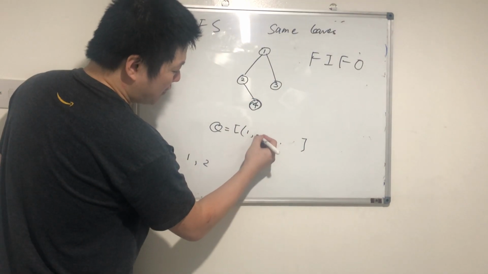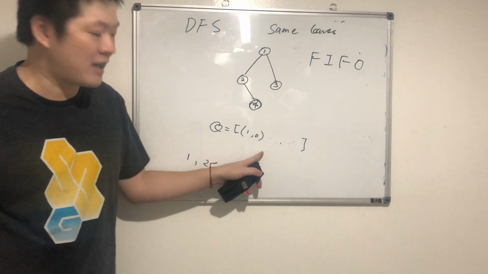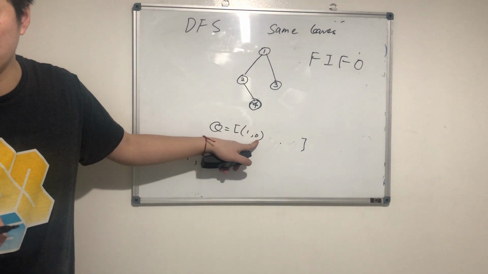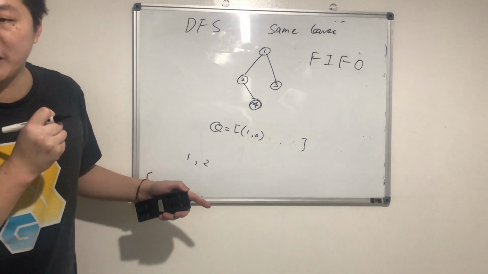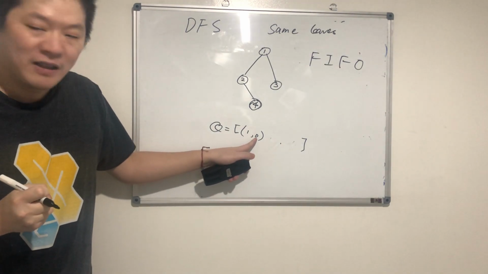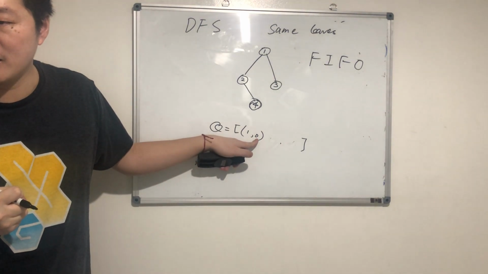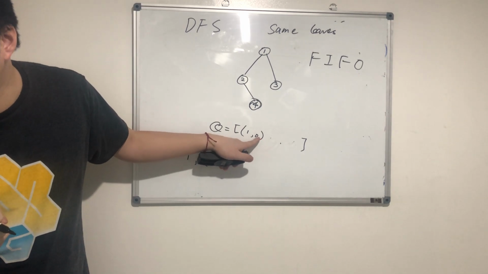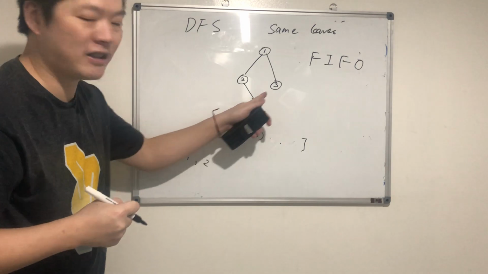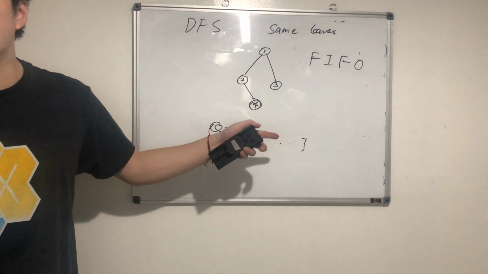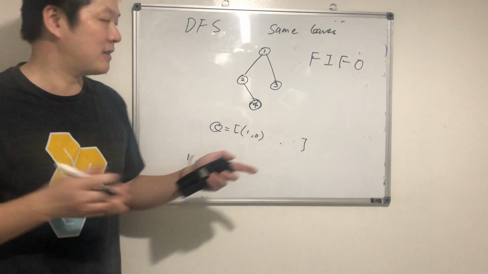We need to put a 0. The second element of the tuple, so to say, is depth 0. And then when we take it out, we push its child. Now we know the next depth is 1, right? Because 0 plus 1, right? So when we deal with the leaf node, we know exactly what depth it is.